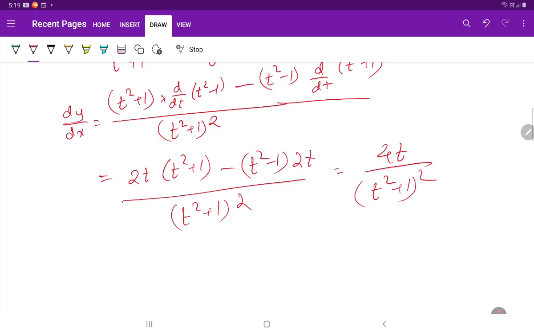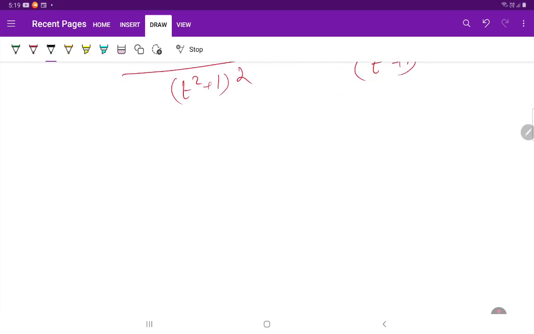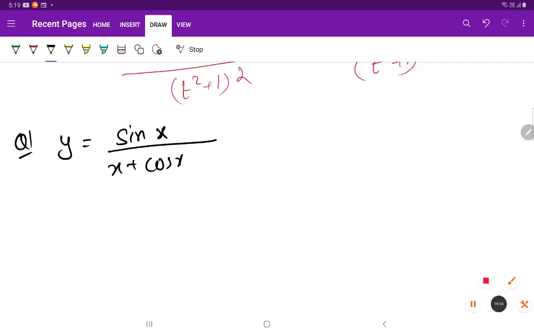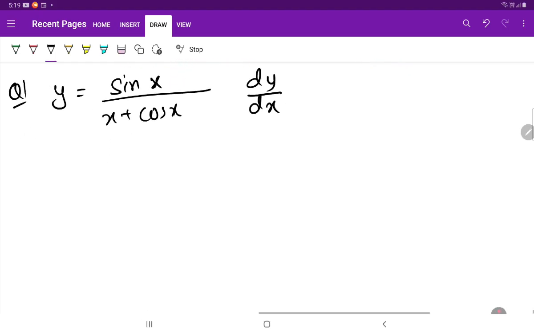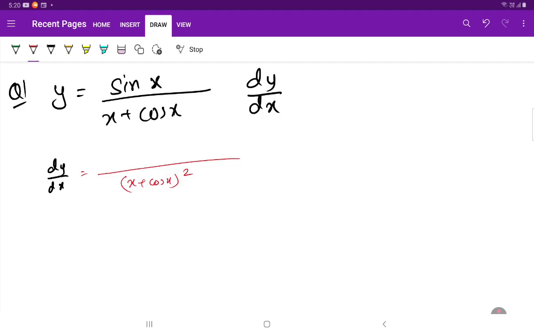If you want to try another problem, let's take up another one. The question is y is equal to sin x by x plus cos x. You have to tell me the differential coefficient of y with respect to x. Now with the same logic, dy by dx is written as x plus cos x whole square in the denominator. Now I'm writing the direct expression; you try to solve it quickly and check the answers.